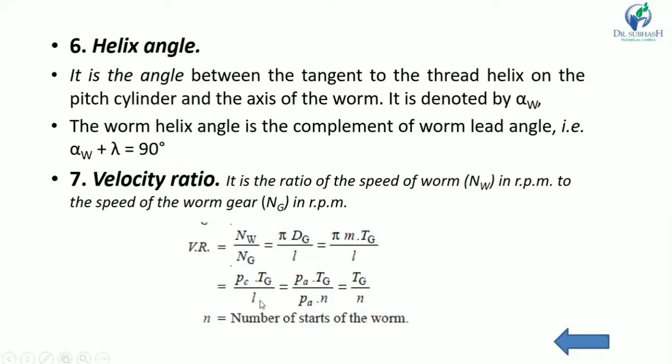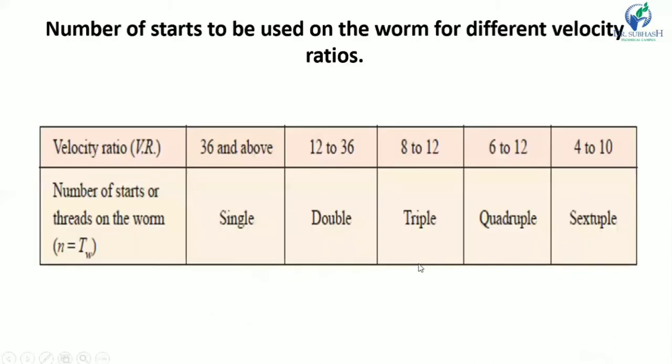So VR is PC into TG by L, and PC is equal to PA, and L is equal to PA into N. So PA cancels. Therefore, velocity ratio is equal to TG by N, where N is the number of starts of the worm and TG is the number of teeth on the gear. So velocity ratio VR is equal to TG by N.